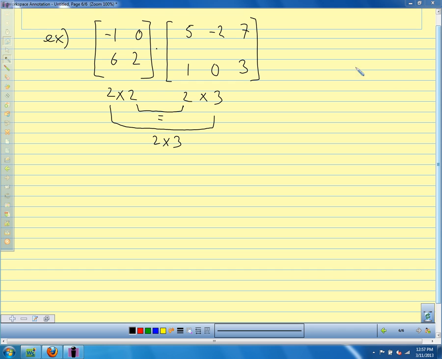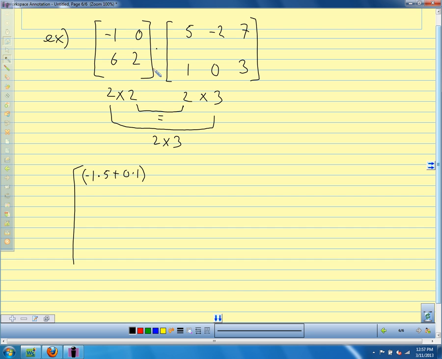All right, so let's go through the process. My first element is going to be the first row of the first matrix times the first column of the second matrix. So I'm going to multiply -1 times 5 plus 0 times 1. The first row times the first column.